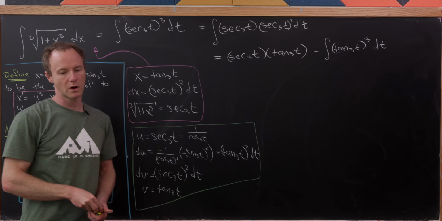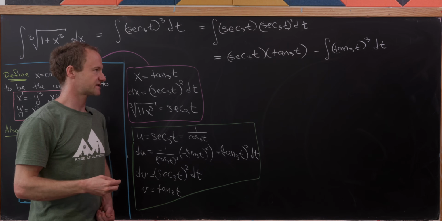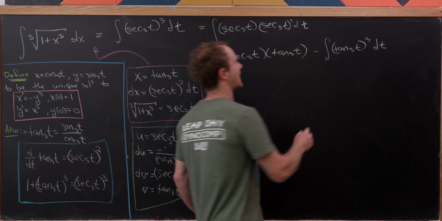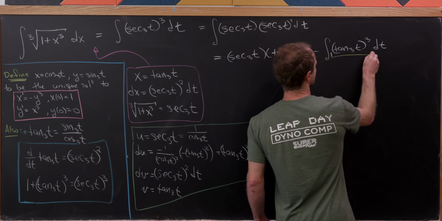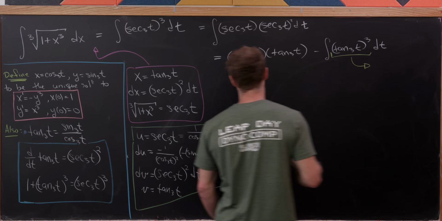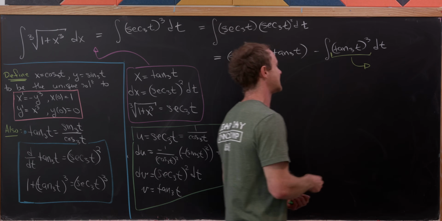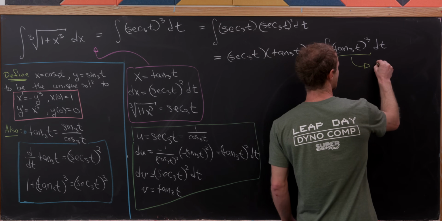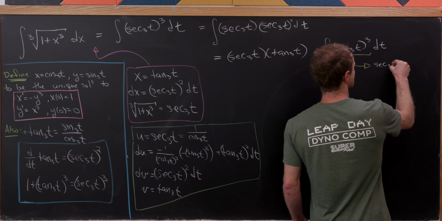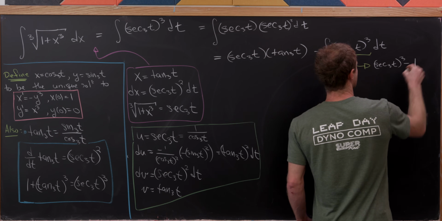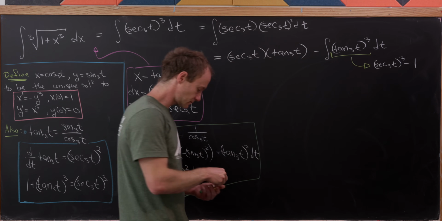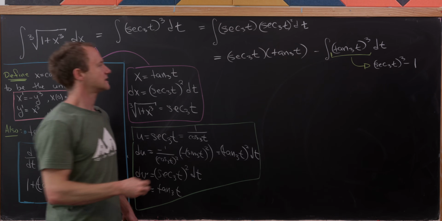Okay, but then what would we want to do with this? Well, let's use our Pythagorean trig identity. Well, not really Pythagorean, maybe 3 Pythagorean, because we're in this fat circle world, and rewrite this tangent cubed as the secant cubed t minus 1. Okay, so, well, let's see what we get.